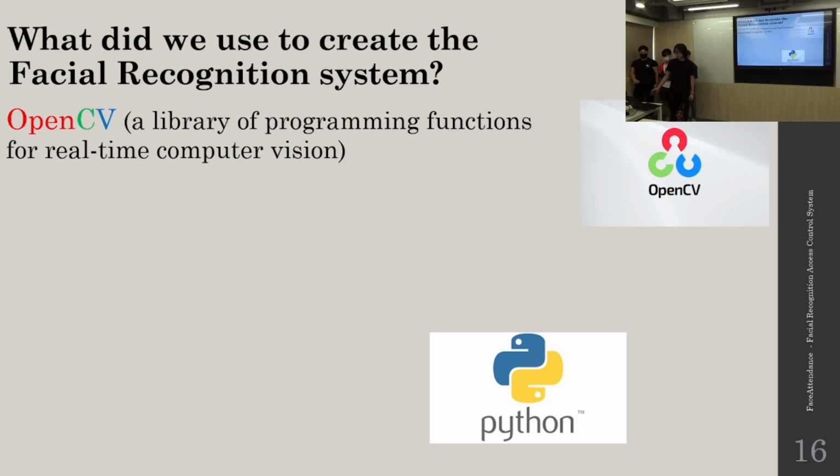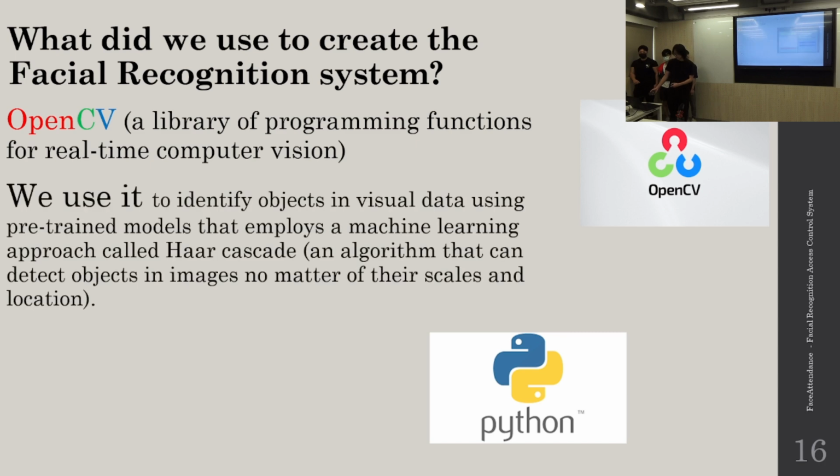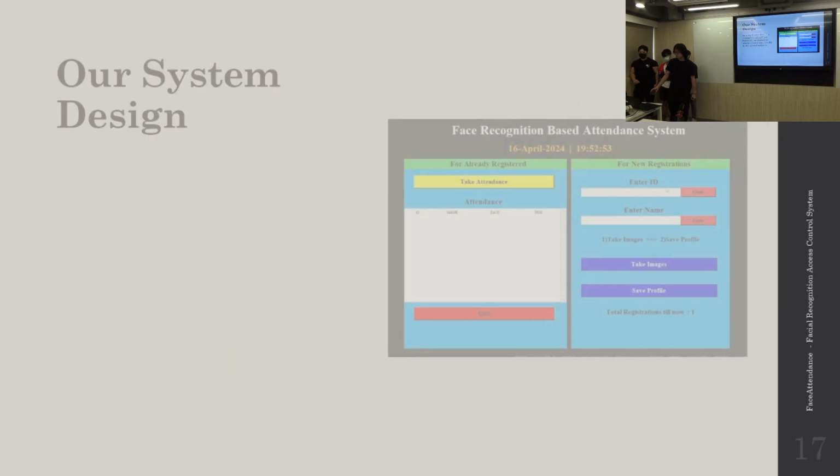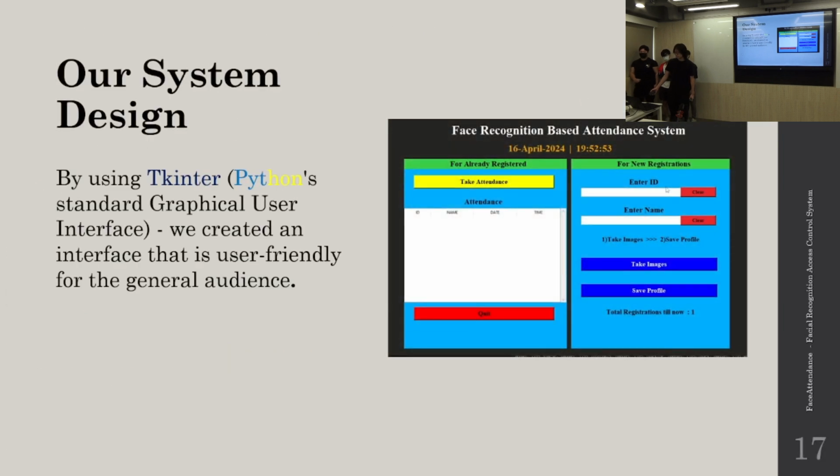And of course, Python is a general programming language used to create the base of the project. Our system interface is made with Tkinter, the Python standard GUI, which is user-friendly for the general audience.